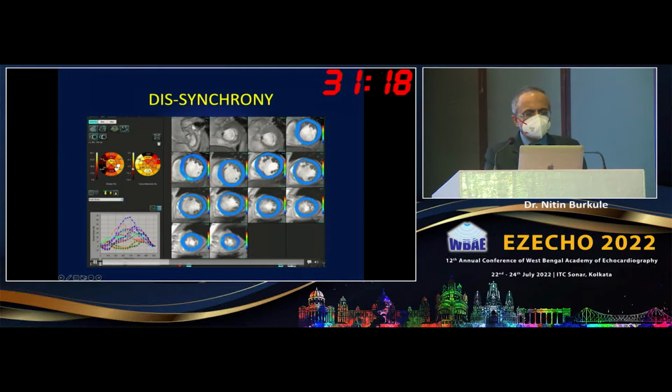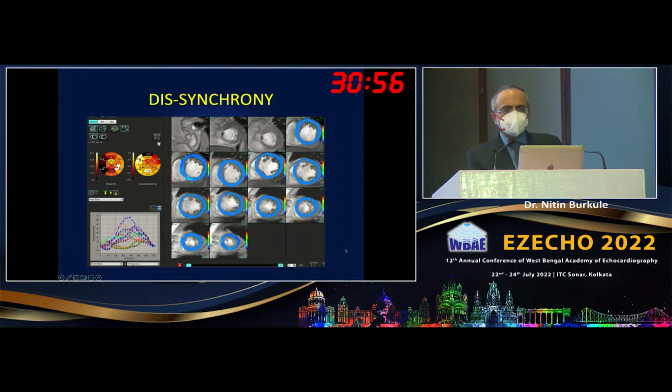However, the strains in the posterolateral wall have a late peak, somewhere at 300 to 350. So I know there is an almost 300 millisecond septolateral delay, which definitely tells me that CRT will help this patient in addition to aortic valve replacement. So that is the first thing: I got a very clear dyssynchrony.